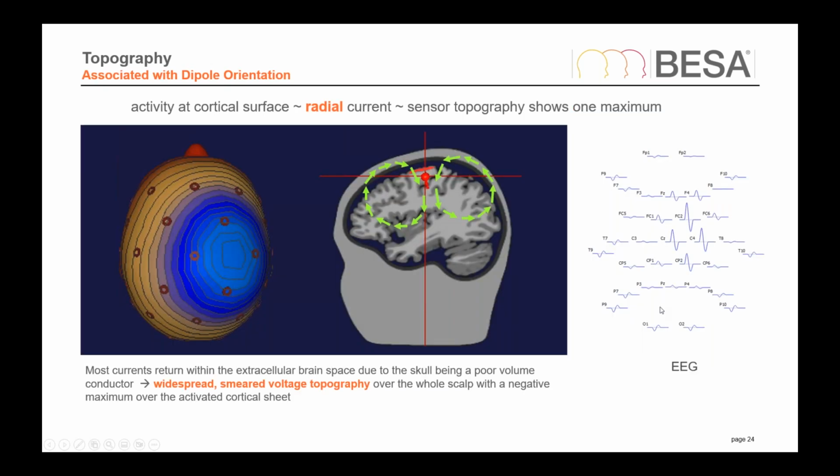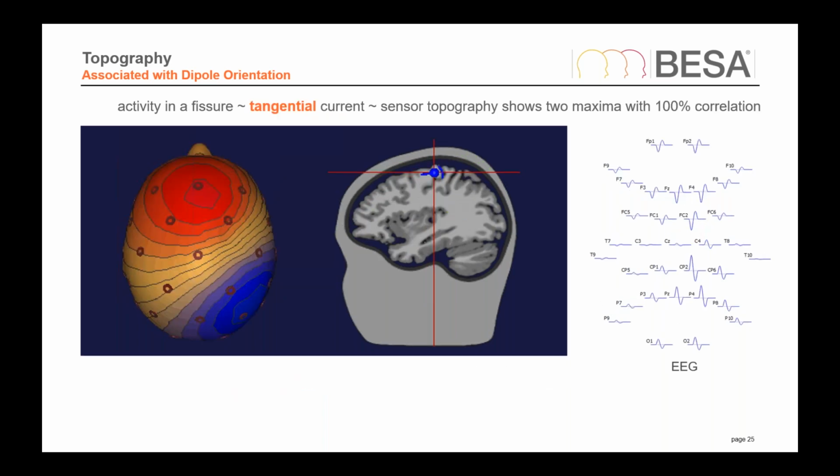If we're looking at a radial current, it creates a widespread smeared voltage topography over the whole scalp with a negative maximum over the activated cortical sheet. You can see here that you have the main part of the signal in maybe 4 or 5 electrodes in this scenario, but you also have some signal somewhere else from just one generator in the brain.